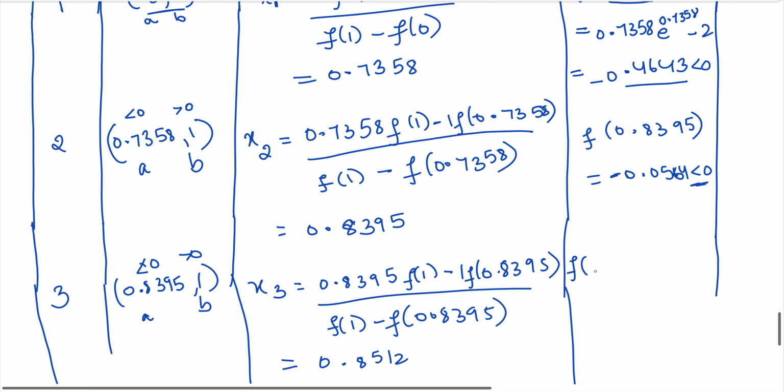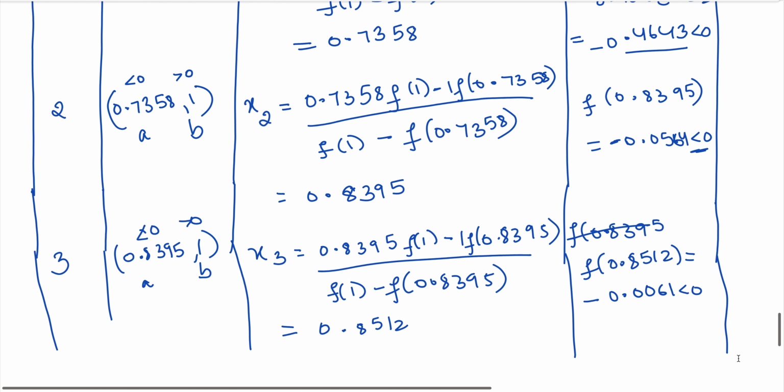Now f of 0.8512, right? So f of 0.8512 is equal to how much? It's minus 0.0061. This is also less than 0.